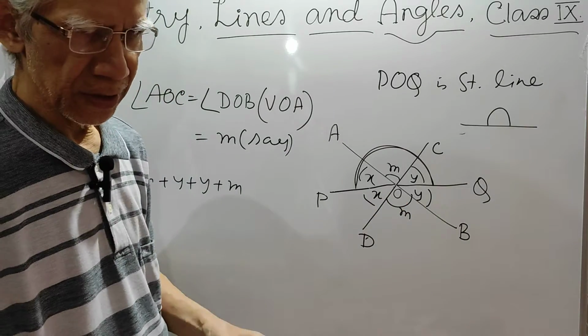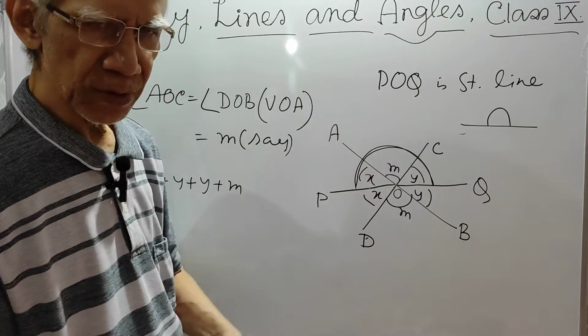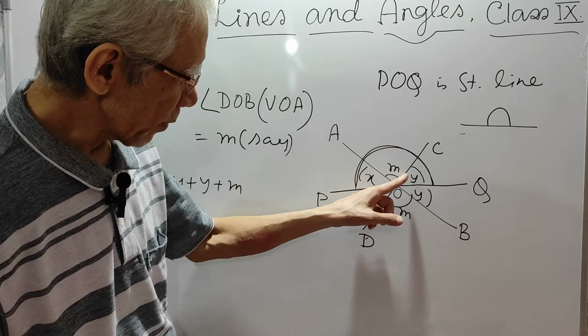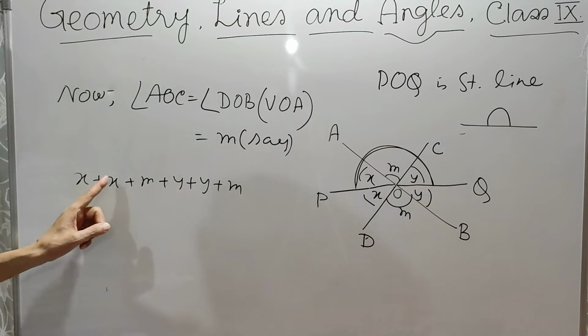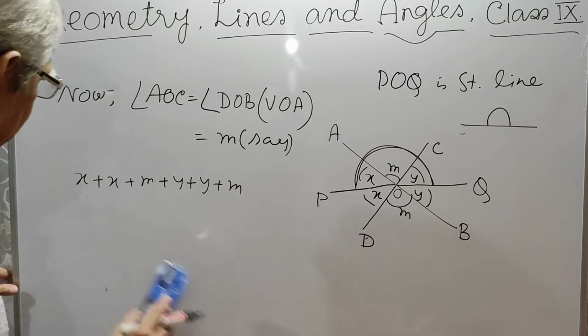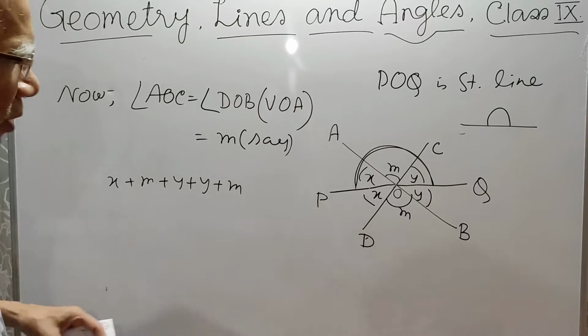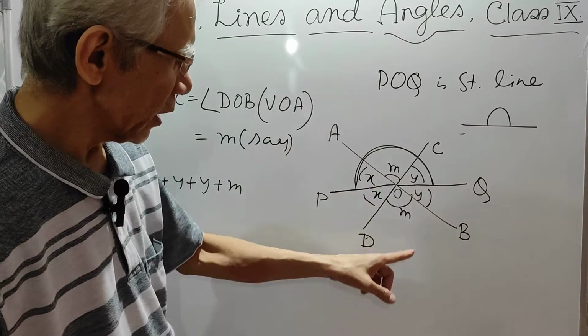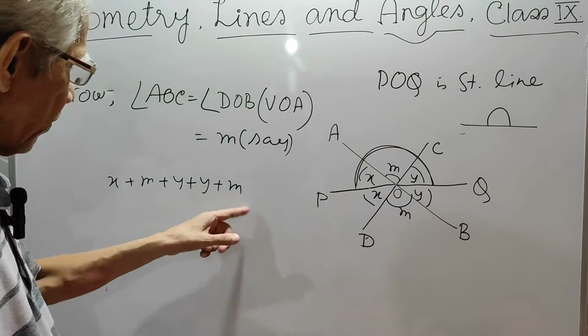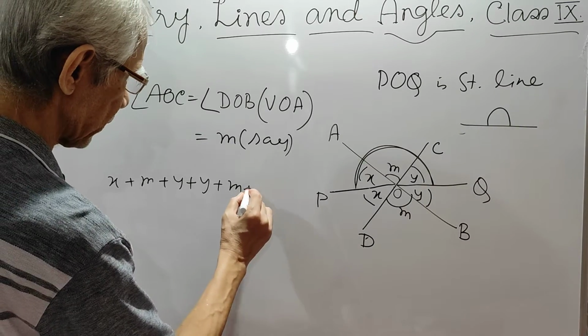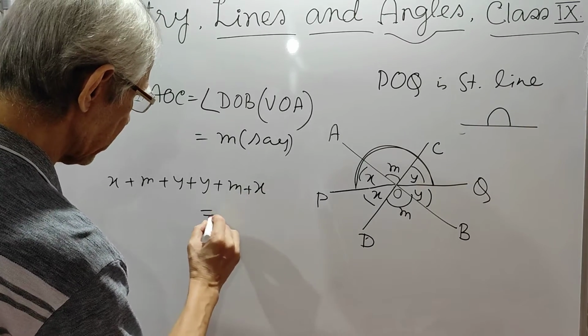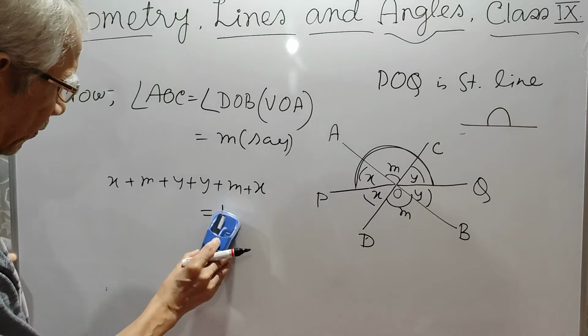There are 6 angles. So the sum of these 6 angles is 360 degrees: X plus M plus Y, X plus M plus Y, X plus M plus Y, X plus M plus Y, Y plus M plus X, Y plus M plus X. So this is equal to 360 degrees.